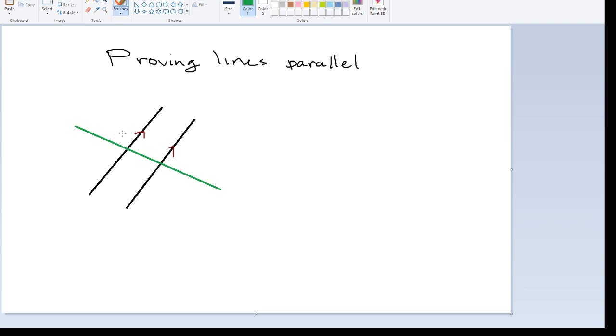So if I call these angles angle 1, angle 2, angle 3, angle 4, 5, 6, 7, 8, and I'm just going to call these lines line L and line M. When those two lines are parallel, those angles have a special relationship. For example, angle 1 is congruent to angle 5 because they are corresponding angles.